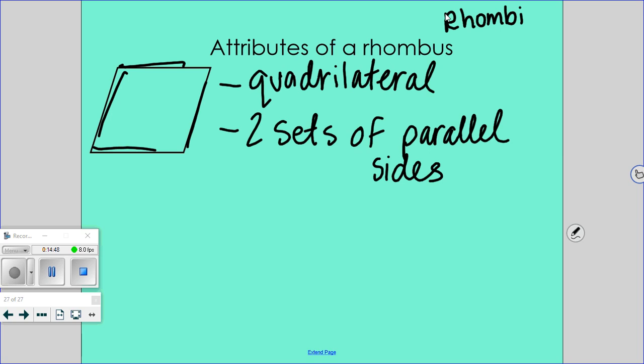What else is an attribute? Dorian, do you know? I'm thinking of course like 4 corners or 4 angles. Well, that goes with our quadrilateral. So quadrilateral is 4 sides and 4 angles. Ashton, what do you think? Does that have any square corners?